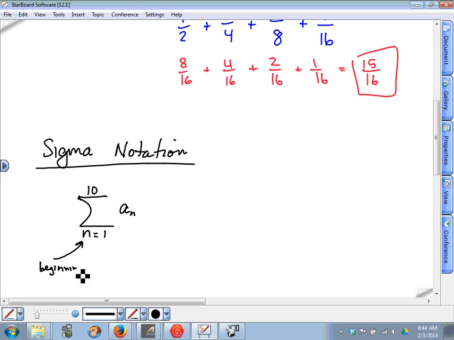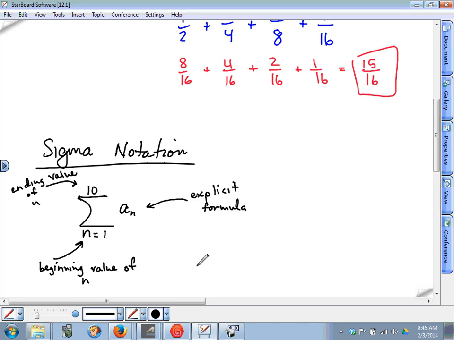This is the beginning value of n. The number on top is the ending value of n. The expression to the right side of sigma is the explicit formula of the sequence.